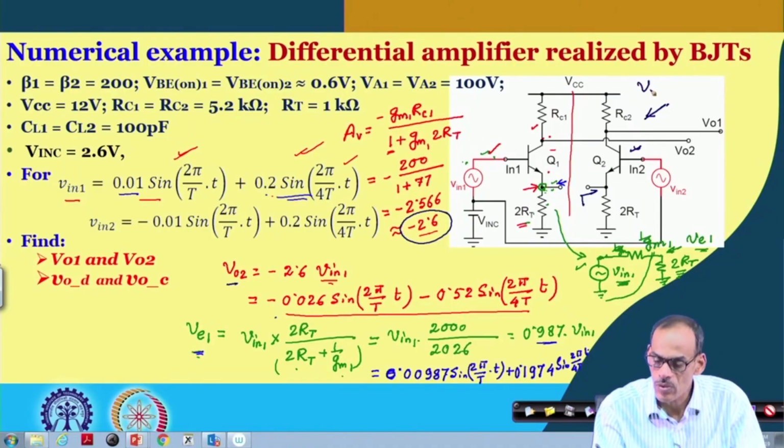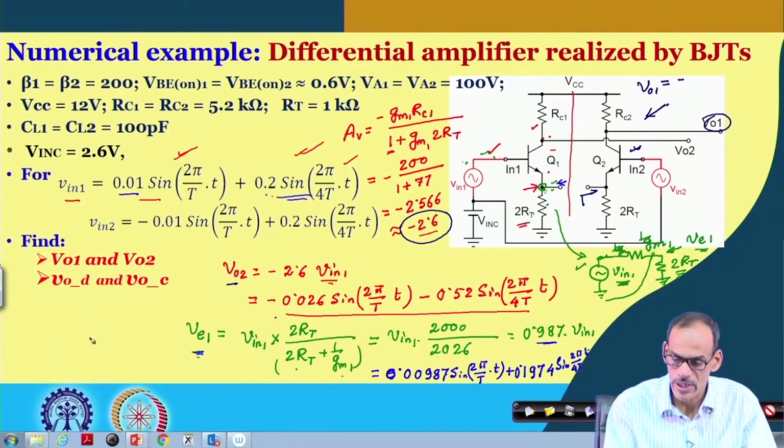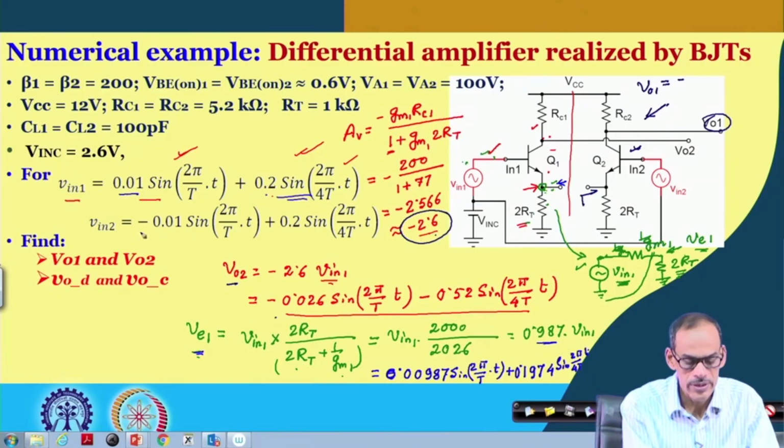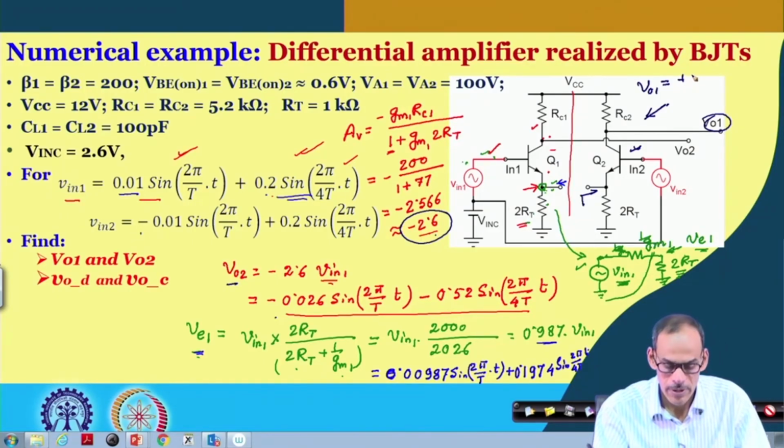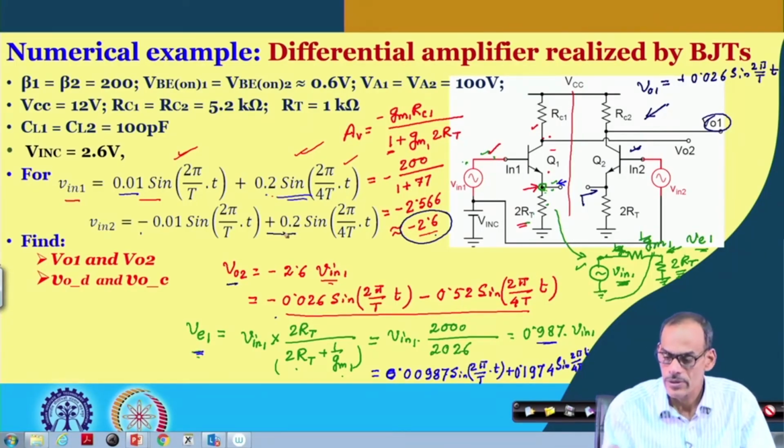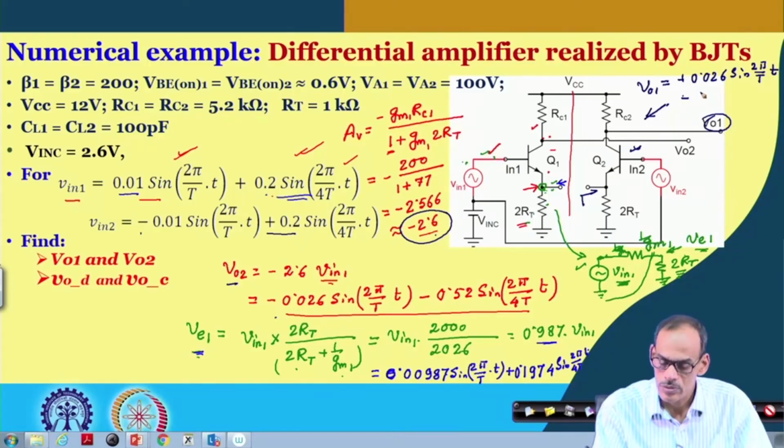So, we can say that VO1, signal-wise, is equal to, gain is minus 2.6, and this signal is minus, so I do have plus 0.026 sin 2π/T into t, and then we do have this part, so it is having a minus, and then we do have 0.52 sin 2π/4T into small t.